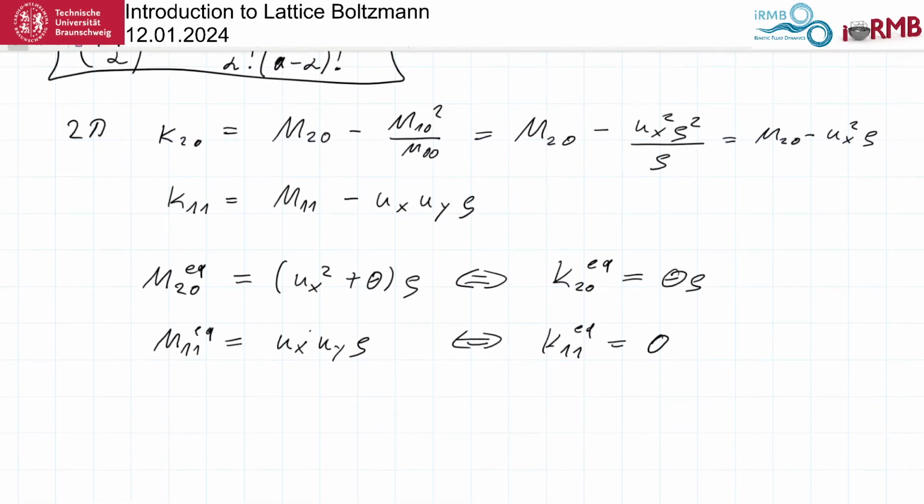So the bottom line, what we observe and what we also expect, is that the central moment, where we basically eliminated the original velocity, becomes independent in its equilibrium from the velocity.